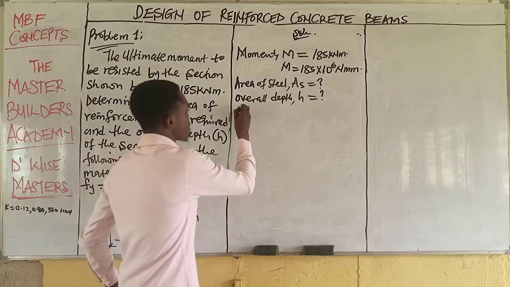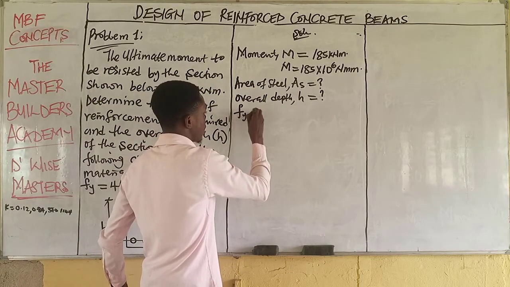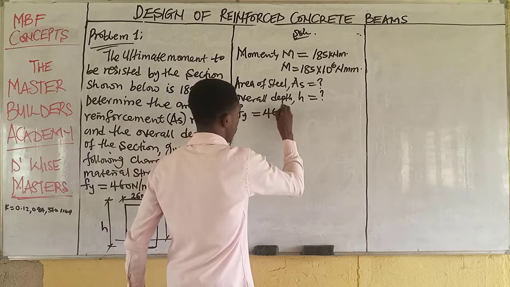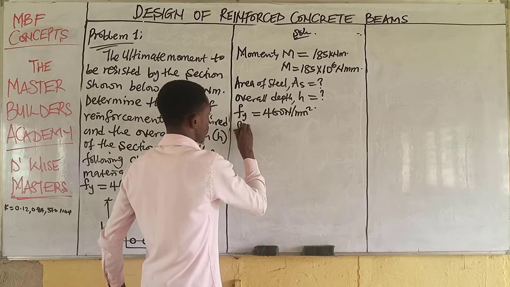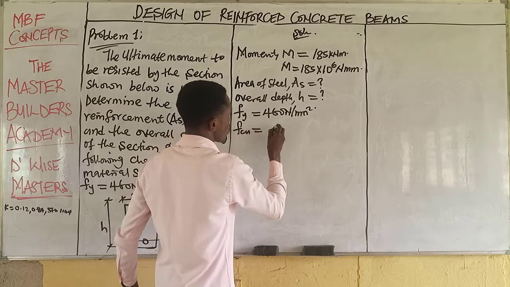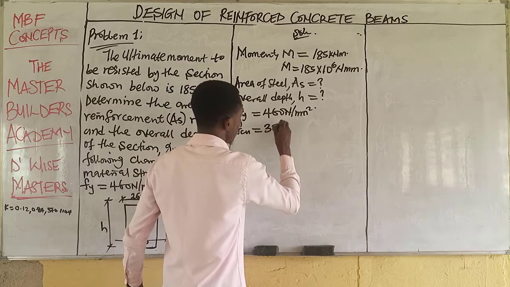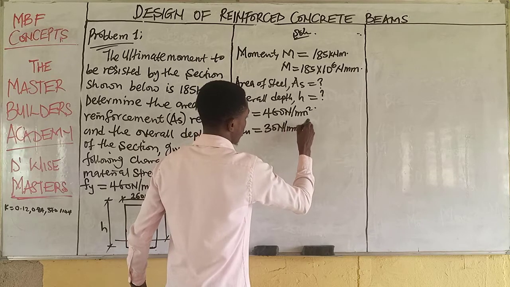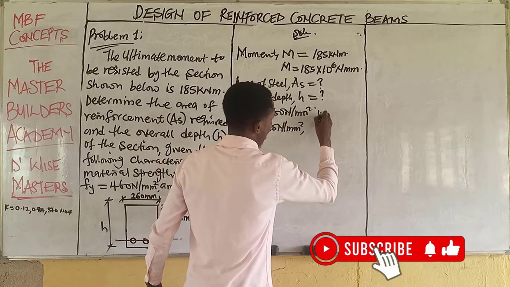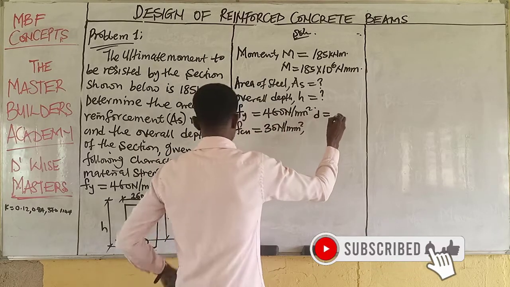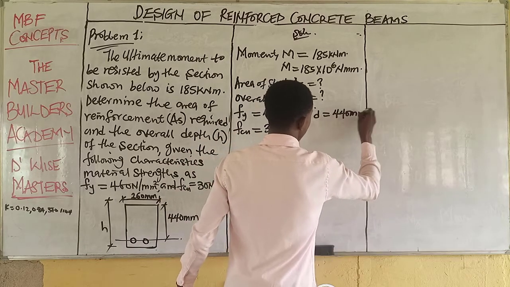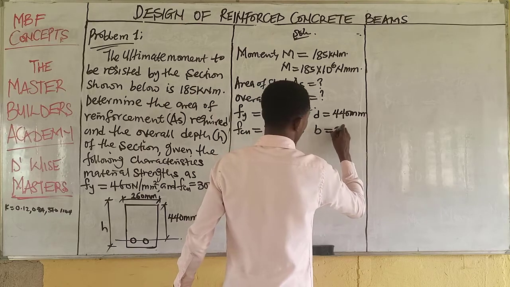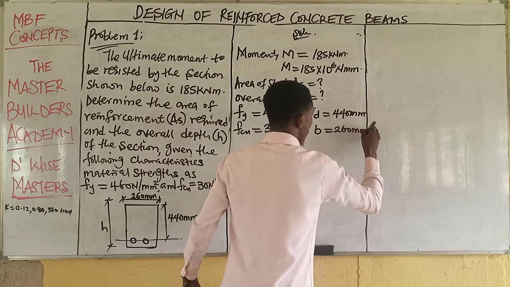Then we have the characteristic material strength, Fy is equal to 460 Newton per millimeter squared, and Fcu is equal to 30 Newton per millimeter squared. Then we are given that d is equal to 440 millimeters and b is equal to 260 millimeters.